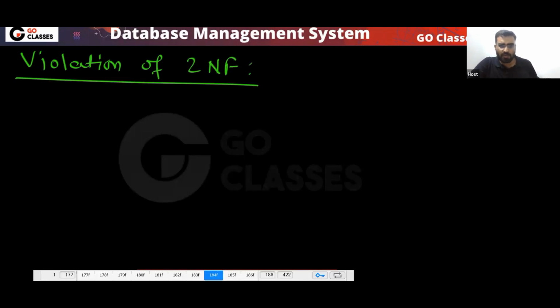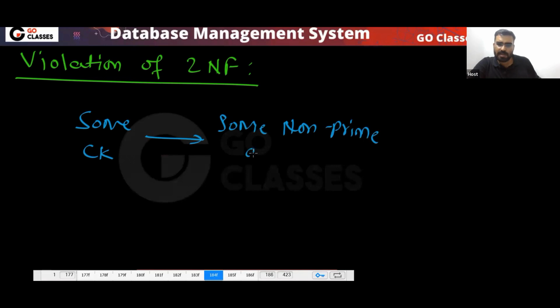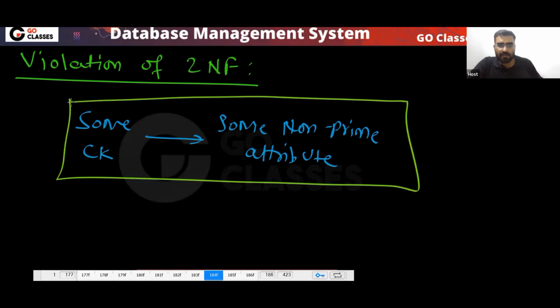Notice, a violation of 2NF will happen when you have this situation: some candidate key determining some non-prime attribute. When this FD is partial, it will be a violation; if it is not partial, it is not a violation.